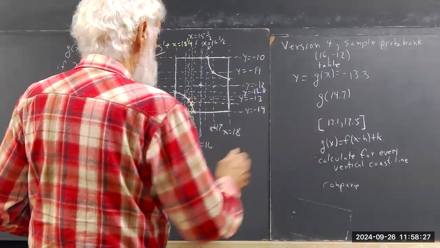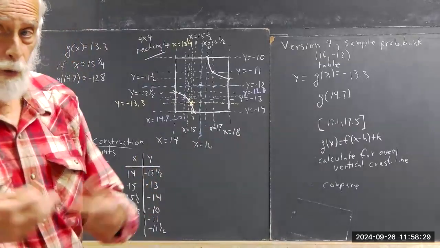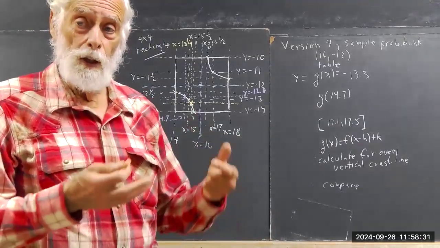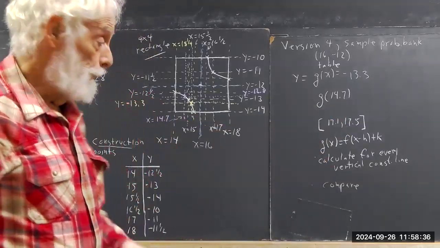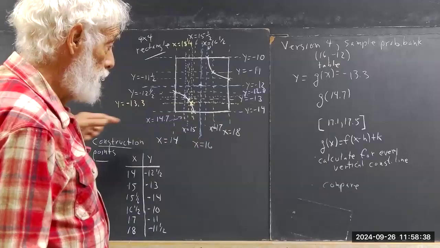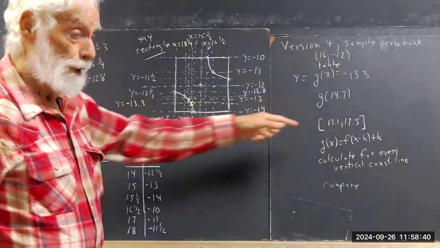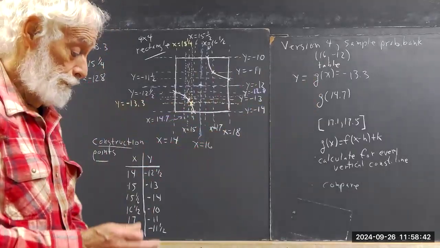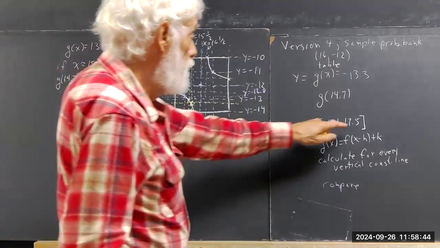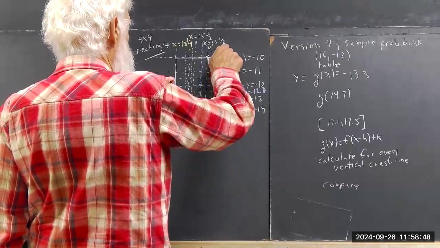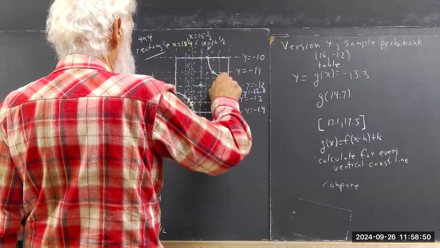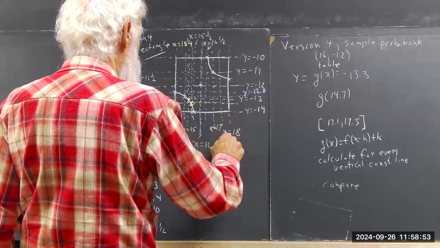Now, these are x coordinates. That should be clear from the problem statement. When you say on the interval 17.1, 17.5, that means on the interval of the independent variable. That means on an interval of your x, if it's a y versus x graph. Okay, so x equals 17.5 is going to be right halfway between 17 and 18.